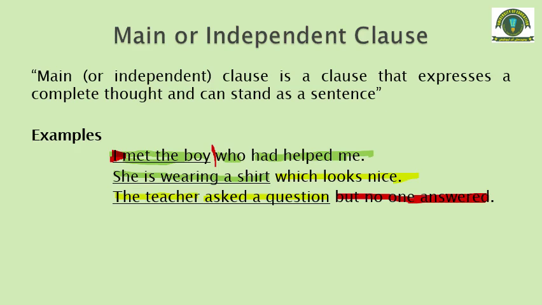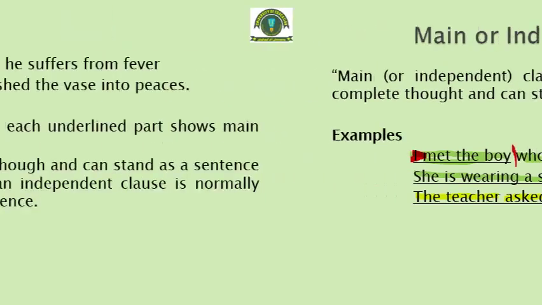But what if I say only "no one answered"? The other person will get confused. He will ask me, who didn't answer you? Whom are you talking about? So the other portion, "no one answered," failed to convey its message, its purpose, the information. Therefore, it is called a dependent clause. I hope you all are getting my points.